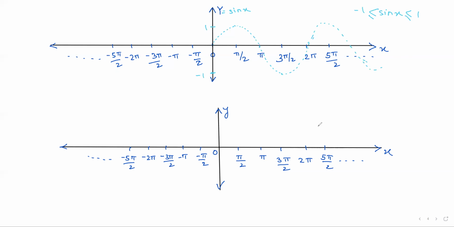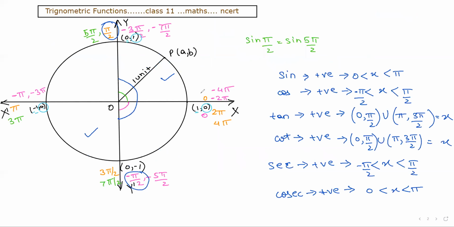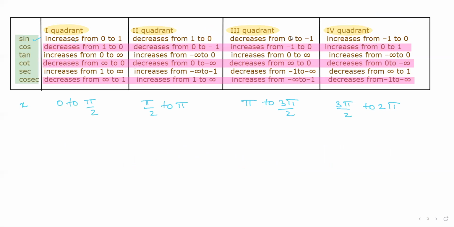What happens over here, 0 to -pi by 2? Now in the figure, we know that 0 to -pi by 2 is your fourth quadrant. So your fourth quadrant can be written as 0 to -pi by 2, -pi by 2 to -pi, -pi to -3 pi by 2, and -3 pi by 2 to -2 pi.